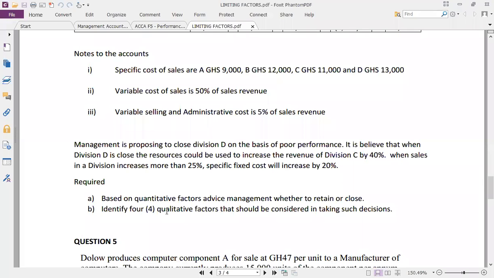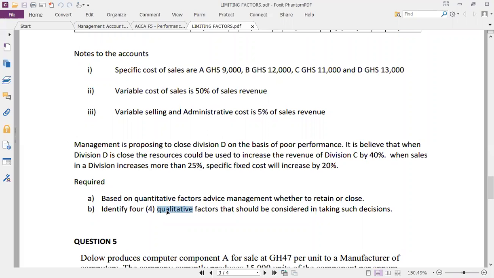It's qualitative, so don't talk about profit here. If you say they should consider profit, that is what we call quantitative. Qualitative means we put the monetary value aside and look at the attributes that make the thing worse or that make the thing good.